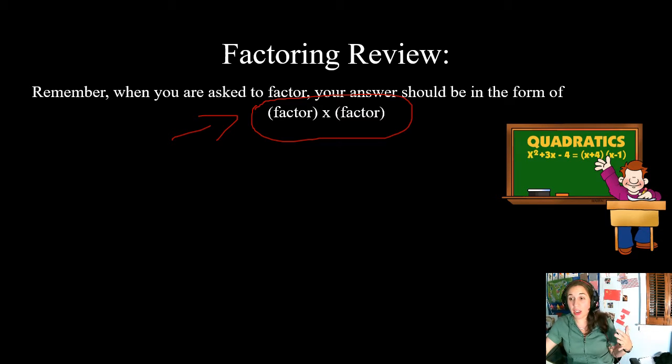When you are asked to factor, you are being asked to give your answer in the form factor times factor. So write that on your paper next to the problem, so that when you get to what you think is your answer, you go back and make sure it is in the form of factor times factor. If it's not, then you need to figure out what you need to go back and do. Directions are so important.